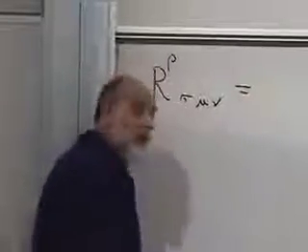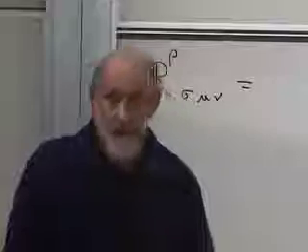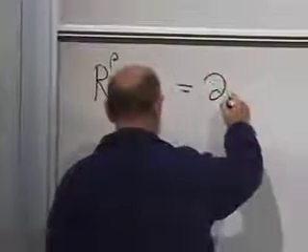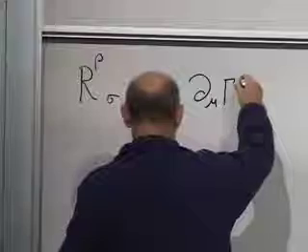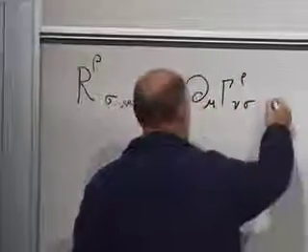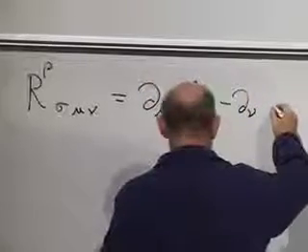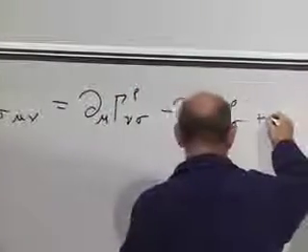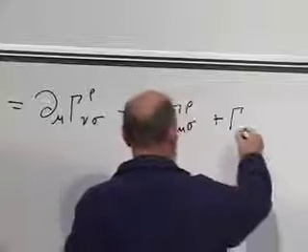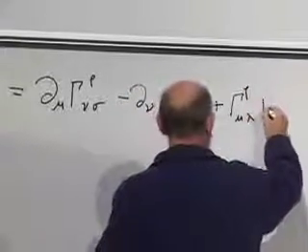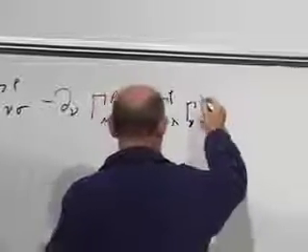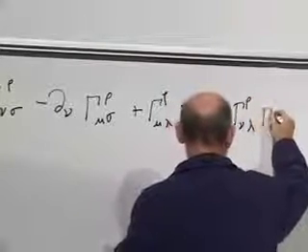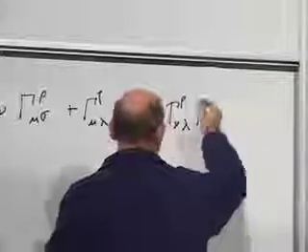They're in terms of derivatives of the Christoffel symbols, and also products of the Christoffel symbols. d mu, and then there are two terms which are just products of the gamma mu lambda rho gamma nu sigma lambda minus gamma nu lambda rho gamma mu sigma lambda.